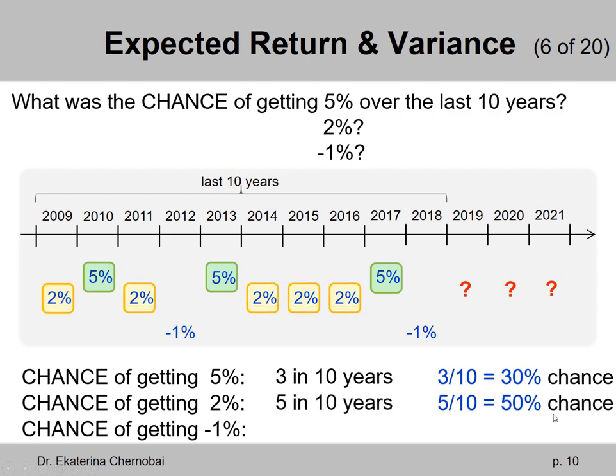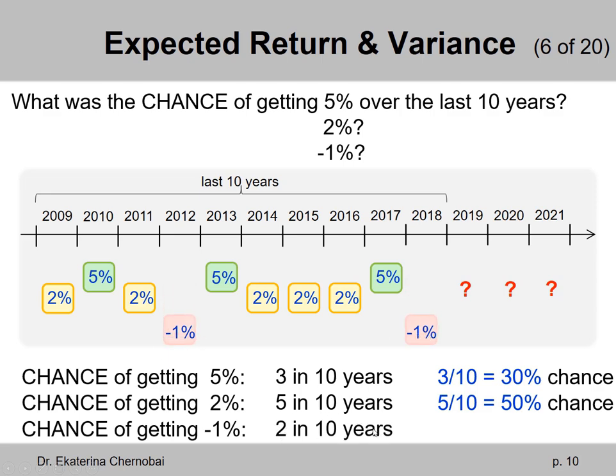That's a 50% chance. And then we have 20% of something else happening, which is correct because in the remaining 2 out of 10 years, you saw a loss of 1% of your money, negative 1% return.